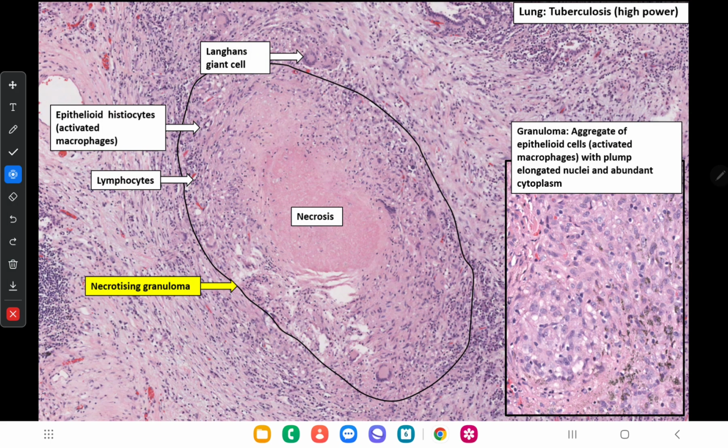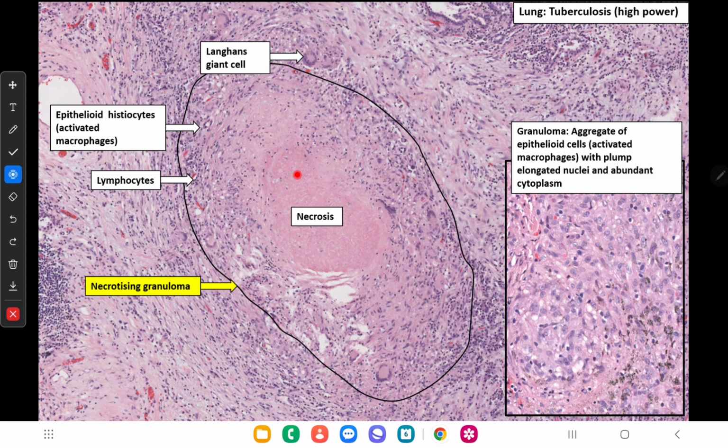This is a granuloma that you can see in tuberculosis. There are four main features in the granuloma in tuberculosis. Epithelioid histiocytes, as you can see here, first. Second, the Langerhans giant cells, third, the peripheral lymphocytes, and fourth, the central necrosis.